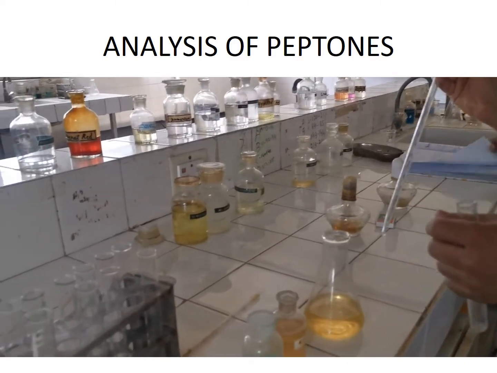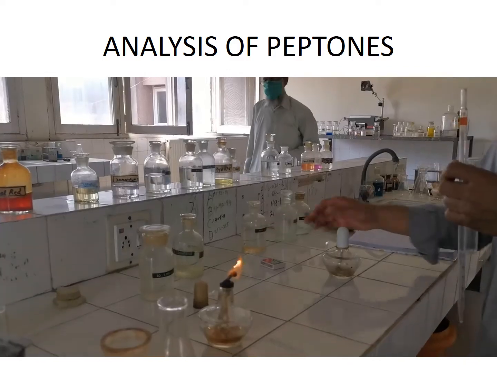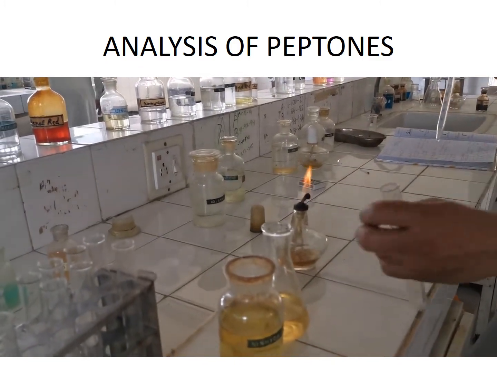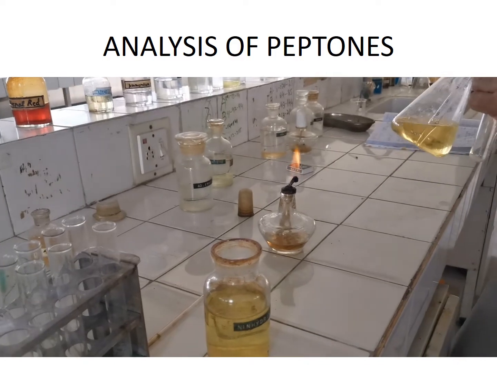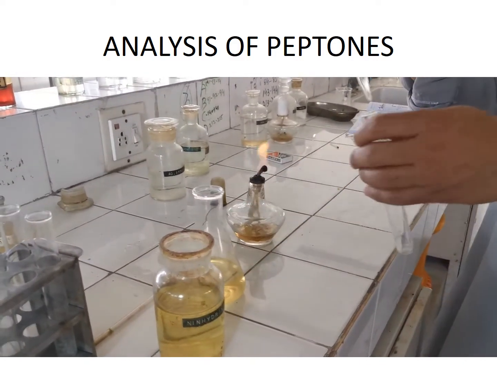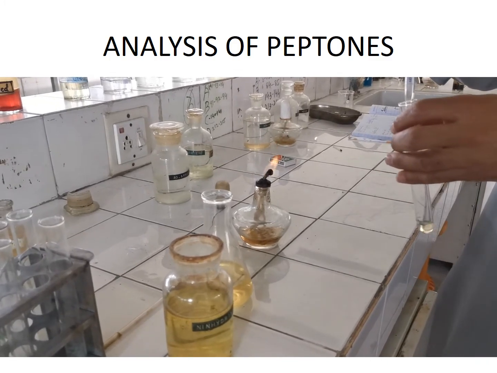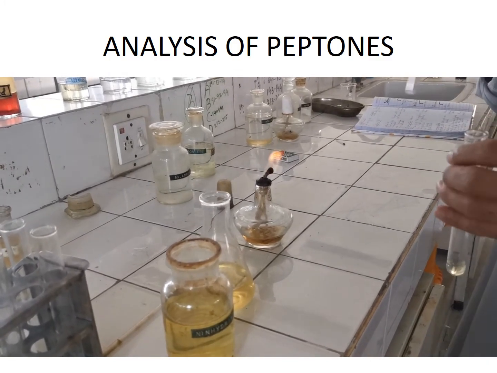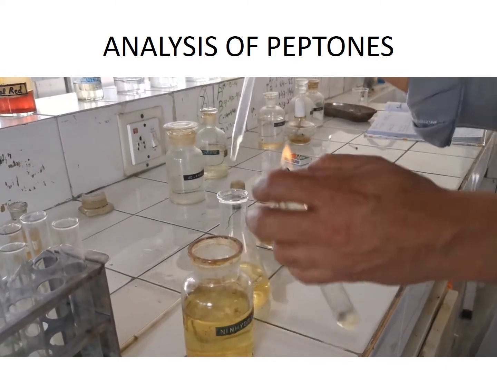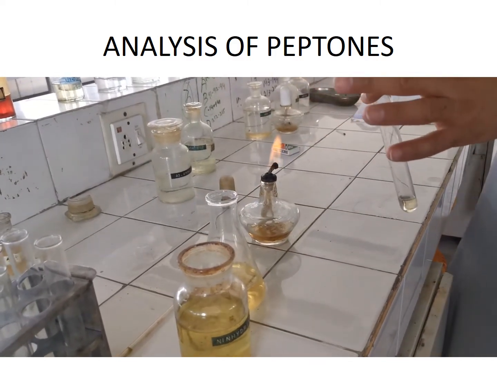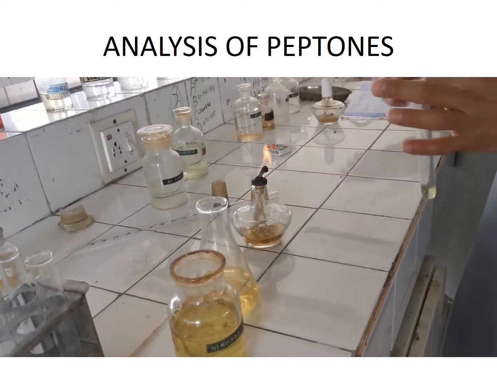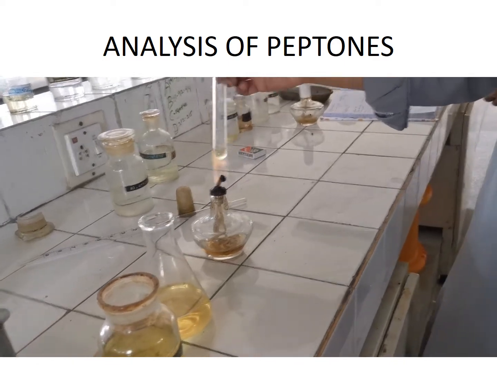Next we are going to perform ninhydrin test, for which we are going to take 2 ml of original solution, 0.5 ml of ninhydrin reagent, we'll heat this solution for 1 minute and then let it cool.